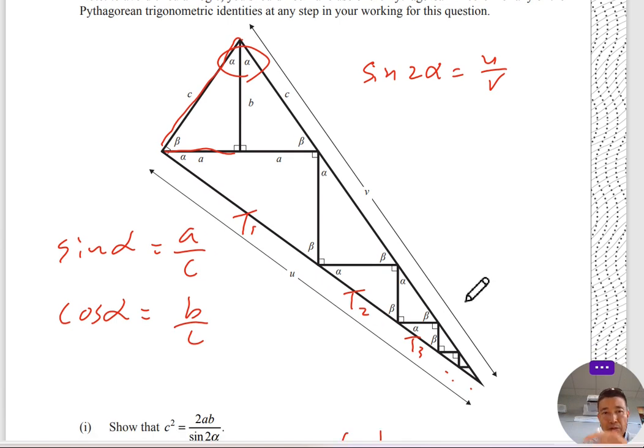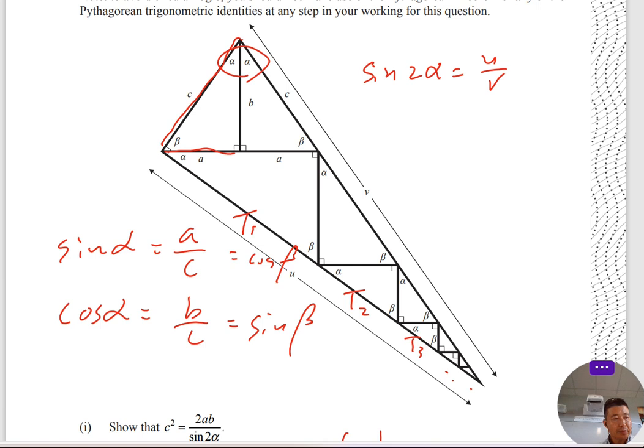So we have to use sine alpha equals a over c, isn't it? That's the same as cosine beta. And cosine alpha is b over c, which is the same as sine beta.